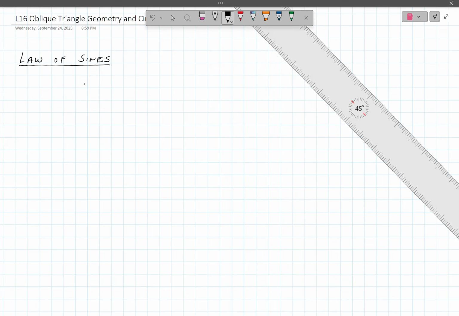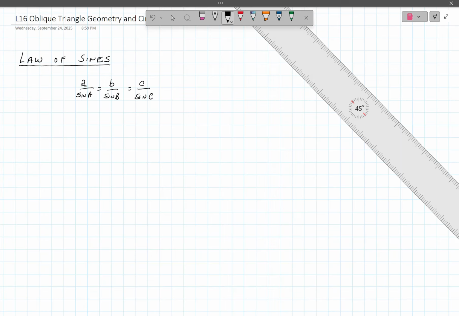And as I said before, it's side A over the sine of angle A, side B over the sine of angle B, C over the sine of angle C.